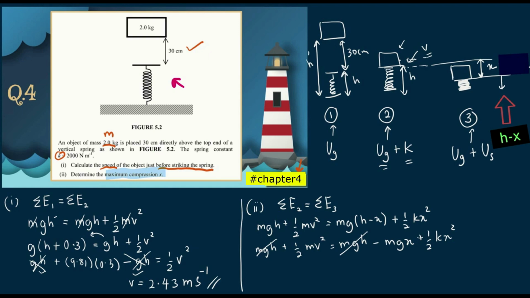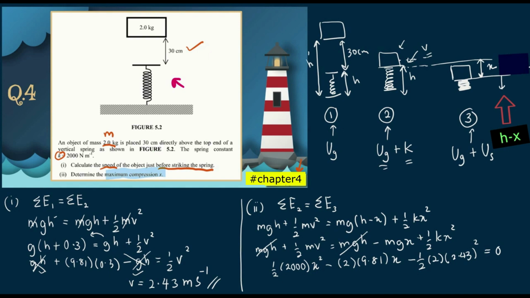Okay, so now we can straight away substitute the equation, because we want to have x here. So we have, okay, our k is 2000, half of that times x squared, minus our m is mass 2 times 9.81 x, minus, as we bring half mv squared to the other side, minus half times 2 times v is 2.43 squared, equal to 0.